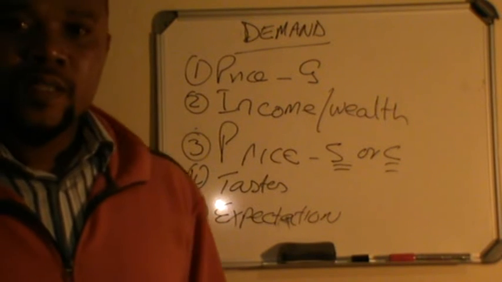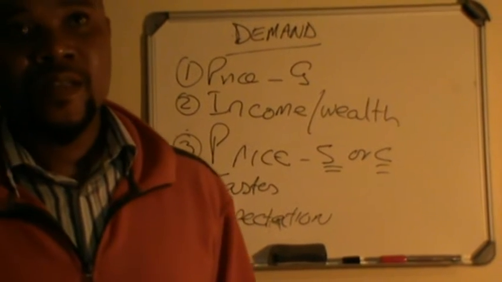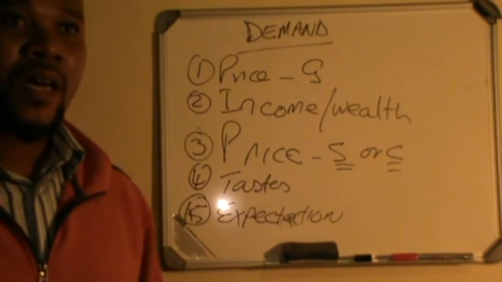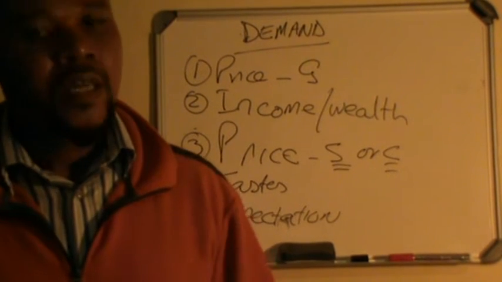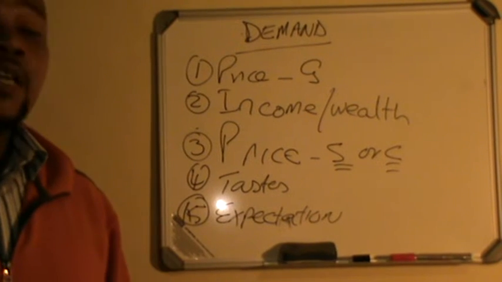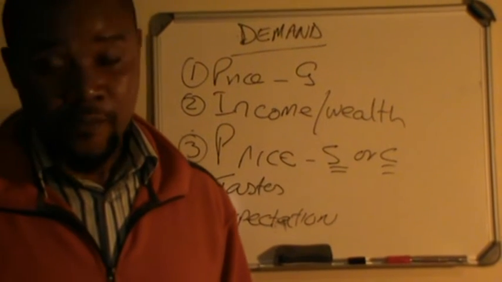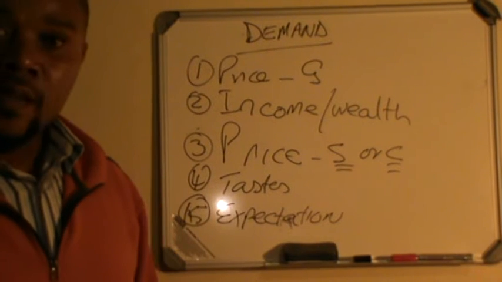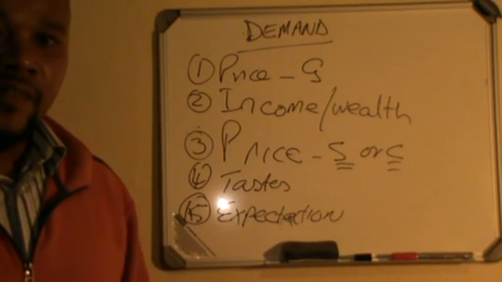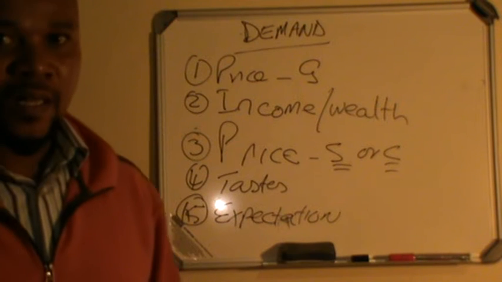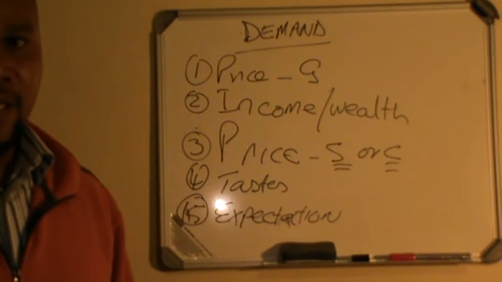We often see this in South Africa in terms of petrol. When there's an announcement that petrol prices are going up the following day, queues for petrol just increase, and the demand is to an extent that some garages in fact run out of petrol. So expectations for the future have an effect on what quantity of a particular product is currently being demanded.